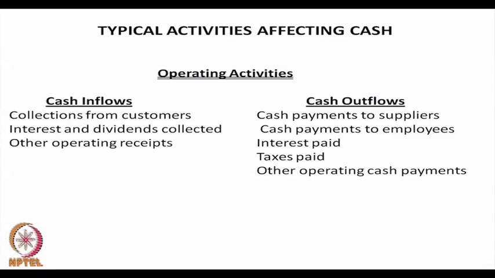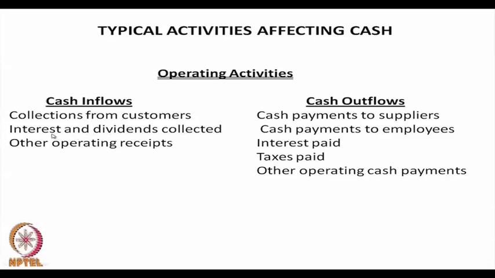Now, what are the typical activities that influence the position of cash? First is the operating activities, and every time we find out cash inflows and cash outflows. One, collections from the customers; two, interest and dividends collected.